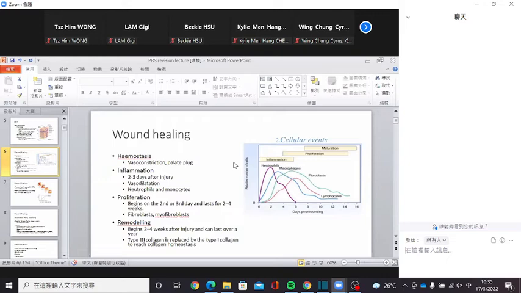Then the remodeling phase will begin 2 to 4 weeks after the injury, and it can last over a year. And in this phase, the type 3 collagen will be replaced by type 1 collagen to reach a collagen homeostasis.